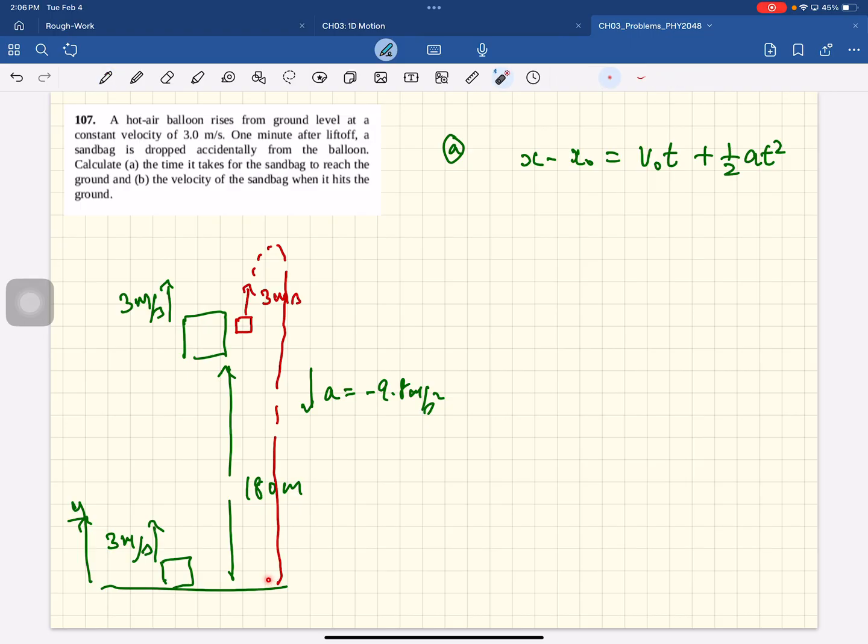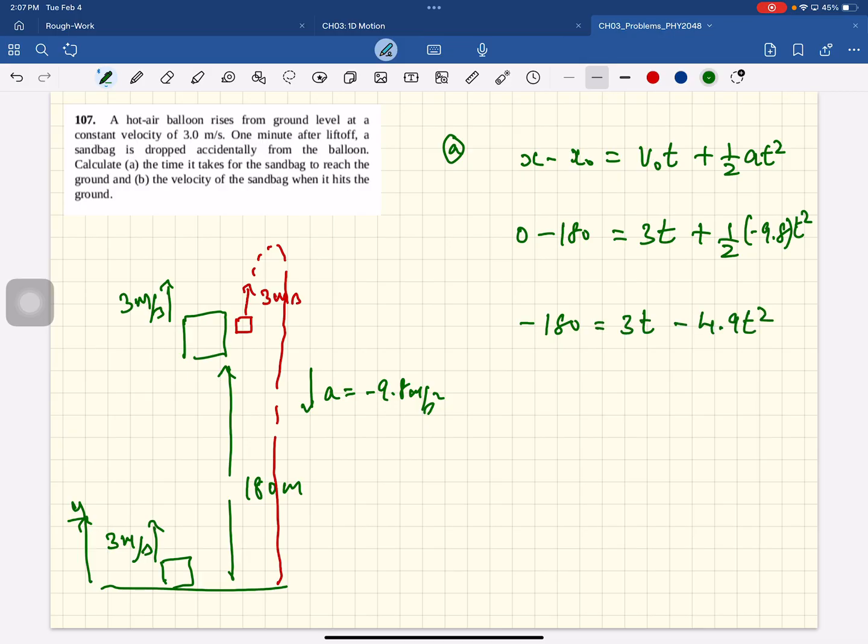Final x position is 0. Initial x position is 180 meters. So 0 minus 180 equals 3t plus 1/2 times negative 9.8 t squared. So we'll solve this quadratic equation. You good? Okay.